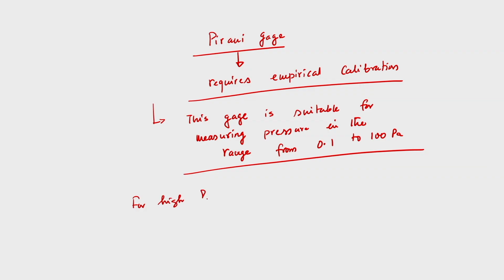Say, what will happen for high pressure? We have understood that essentially a change in the thermal conductivity of the gas is important to measure the change in pressure, and that too in the low pressure regime, because if the conductivity of the gas is very less, then the rise in temperature of the heater or filament will increase.